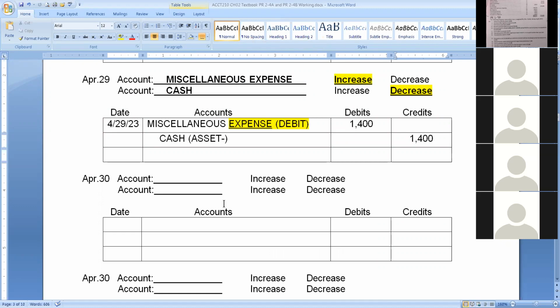Okay, recorded revenue earned and billed during the month for $57,000. All right, well, let's go up here. Looking at these accounts, it's not obvious which one's the revenue.